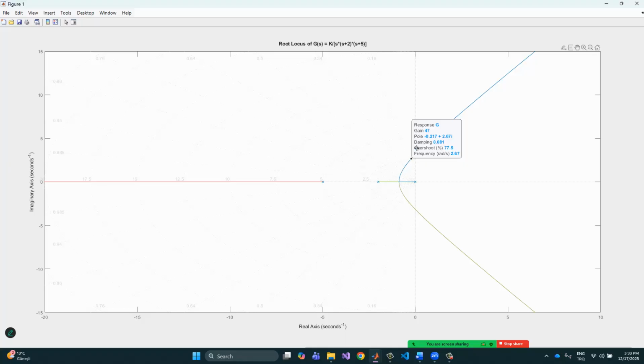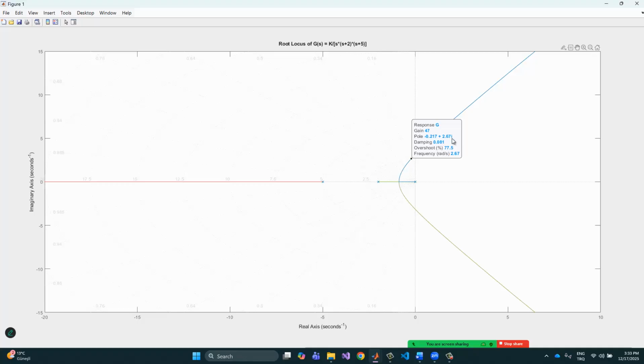For example, this is the gain 47. What's the meaning of the gain 47? Gain 47 means that k equals 47, and if we choose the gain equal to 47, we have this pole, minus 0.217 plus 2.76j.